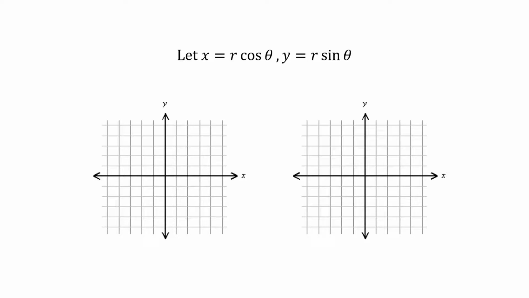Let x be r cosine theta, y be r sine theta. Any point in the plane can be represented by radius r and polar angle theta. So, the area element of the original integral becomes r dr d theta.